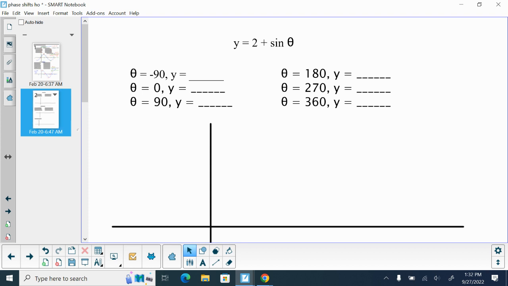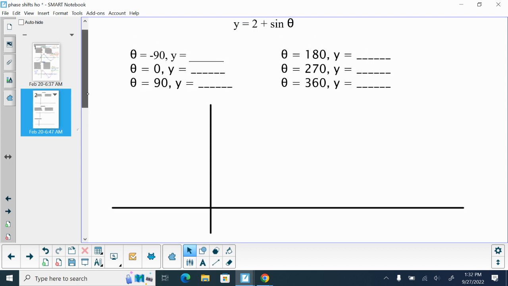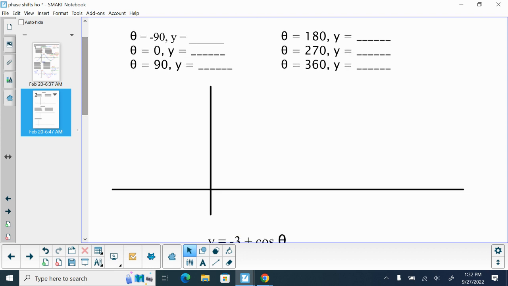We go to the back. Y equals 2 plus sine of theta. Now, if we're going to set up our axes, I can just go 90, 180, 270, 360, going out by 90s.